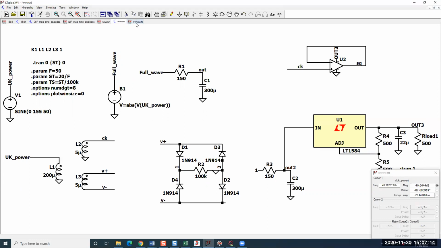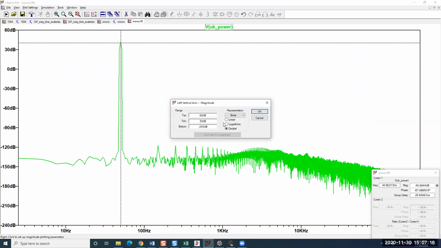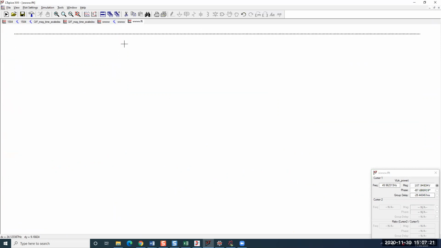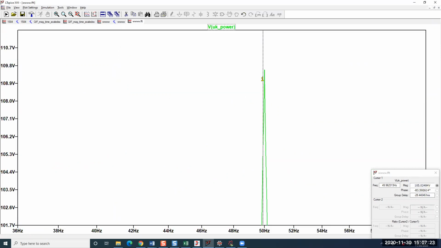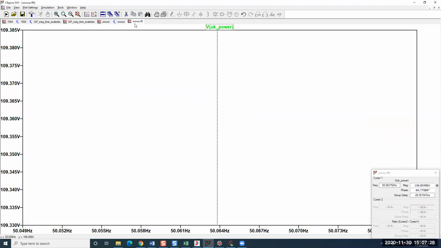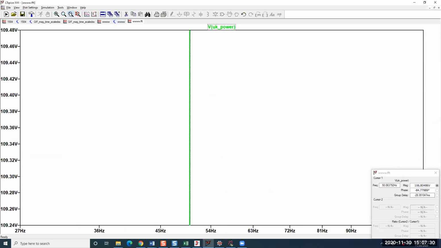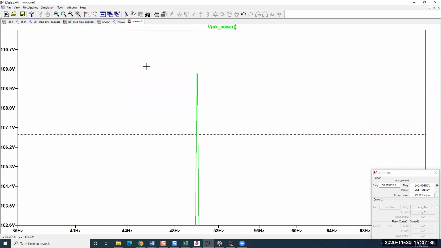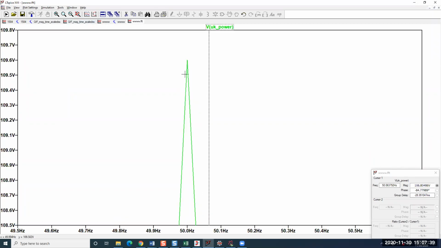All right. Now let's go to a linear scale. Zoom in. We'll notice that it says 106.